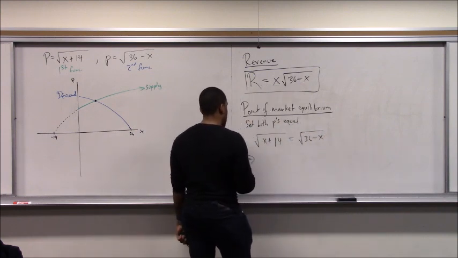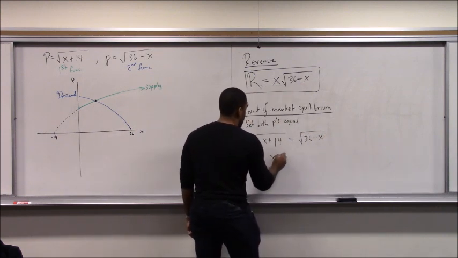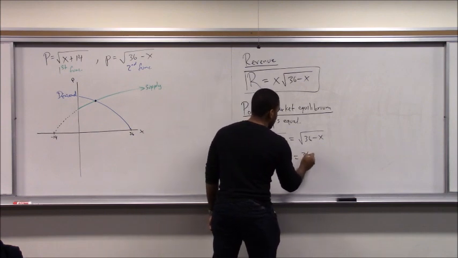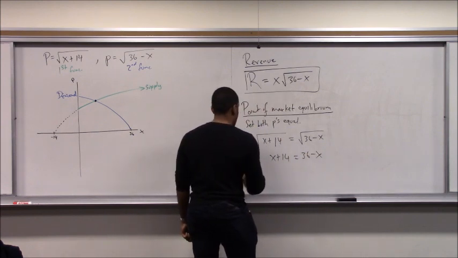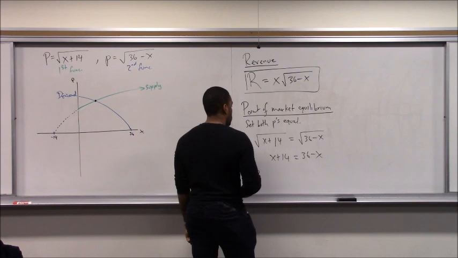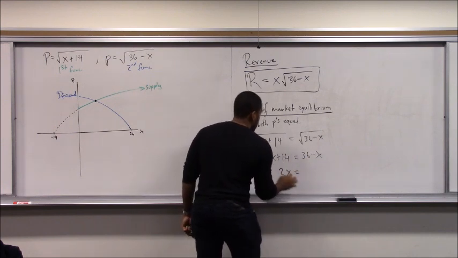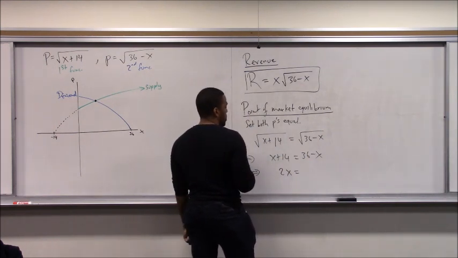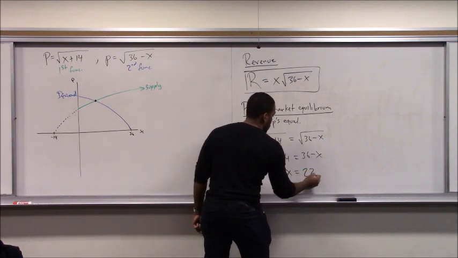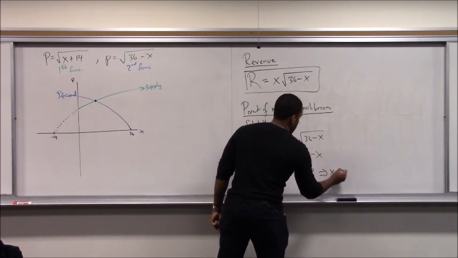How would you solve that? Square both sides. Then put the two x's together. Move this x over here, you would get 2x. Move the 14 over there, you would get 22. So that means your x would be 11.